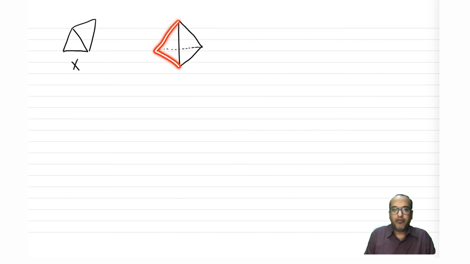This is my one equilateral triangle, then I have a second equilateral triangle, and the third one is at the back, right? These are the three which are meeting at this particular vertex.